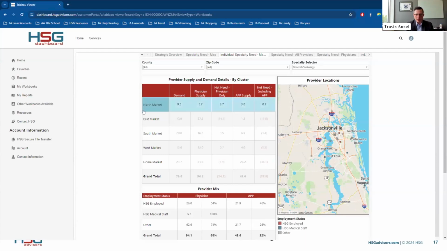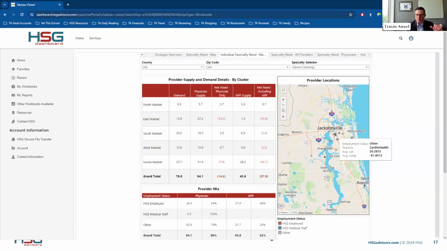And so if we're working on a north market strategy, we might feel much more strongly that bringing resources into that market, appropriately supported from a referral network perspective and appropriately marketed, in a market that we feel like we can grow in, we might feel that the market demand is much less well met than it is in something like the home market, where there is an intensity of resources that far outstrips the need, which means that market's clearly drawing patients in from other markets. So this just gives us that ability to look at markets against each other for that specialty definition.